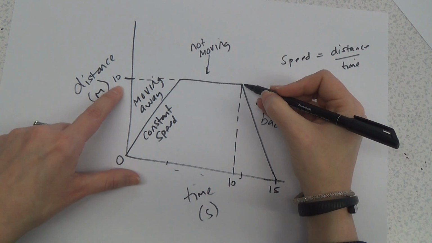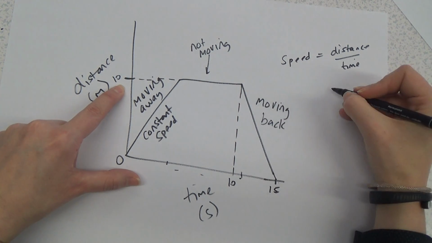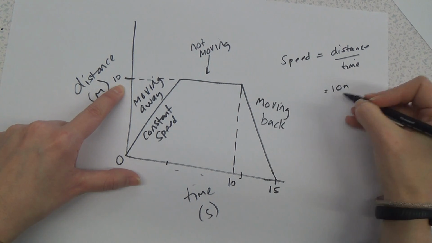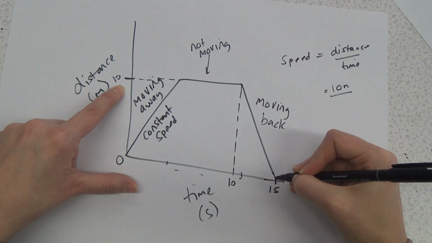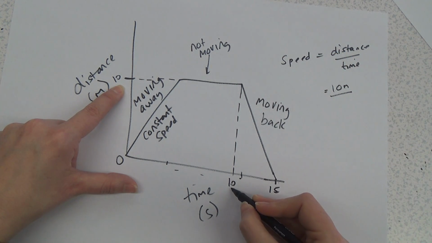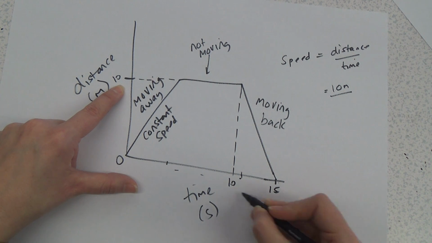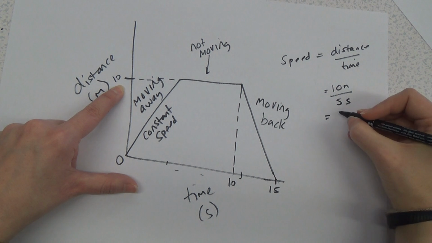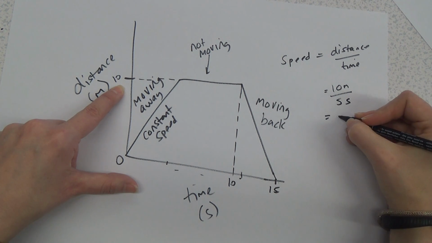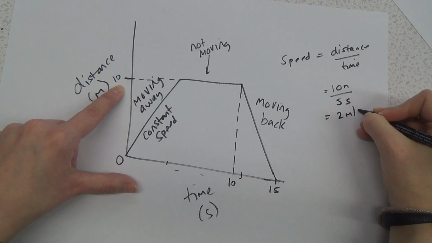So the distance the object started at was 10 meters. And to go 10 meters took the difference between 10 and 15 seconds, which is 5 seconds. So in that case, the speed would be 10 divided by 5, which is 2 meters per second.